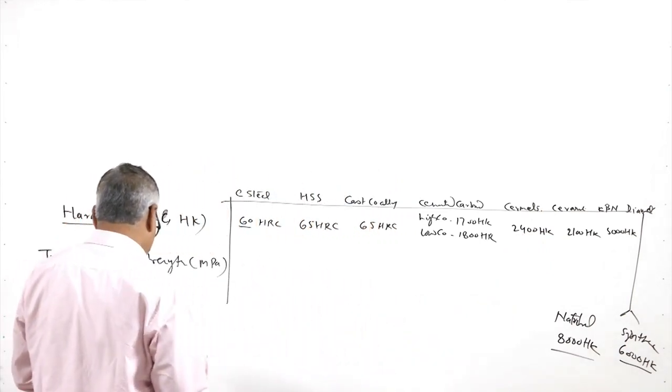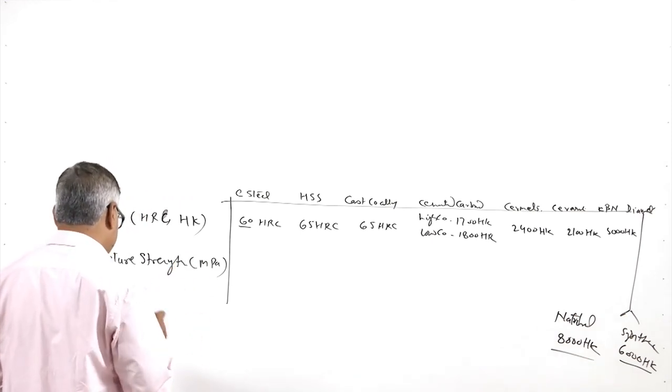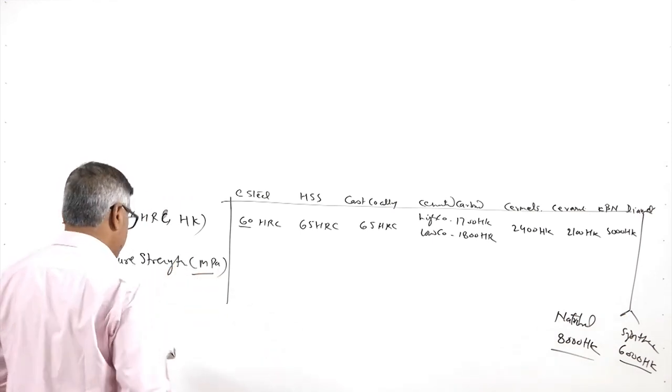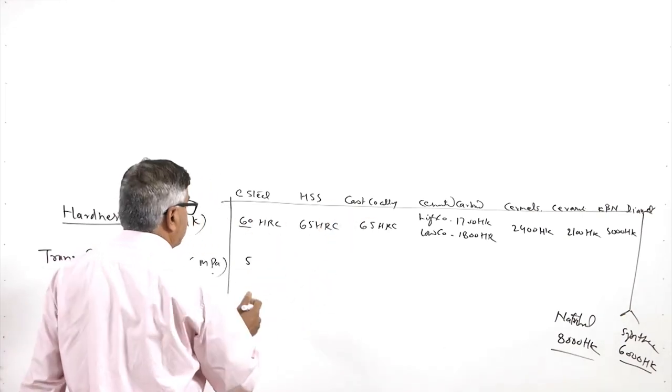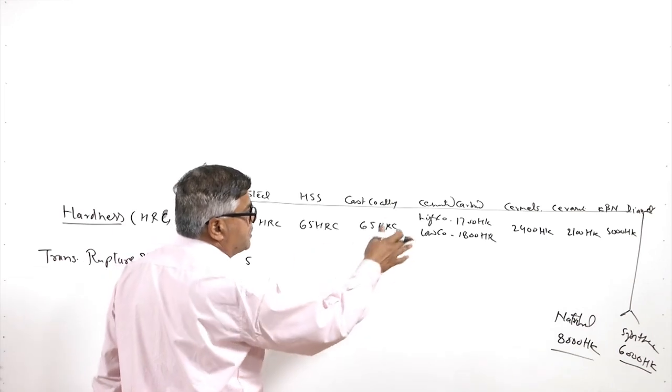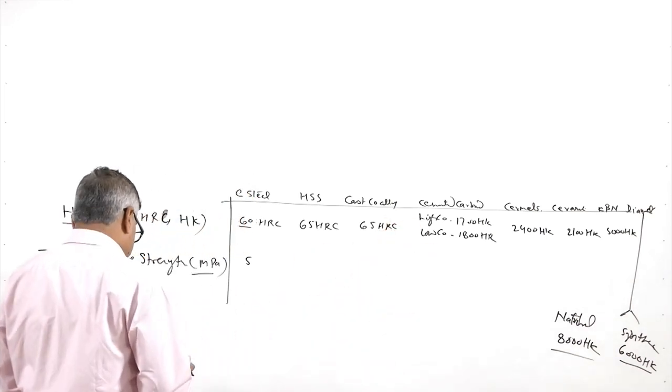And now if we look at their rupture strength in terms of megapascal, the general trend is that the lower the hardness, the higher the rupture strength, but it may not always be true for the entire range of the cutting tool materials.